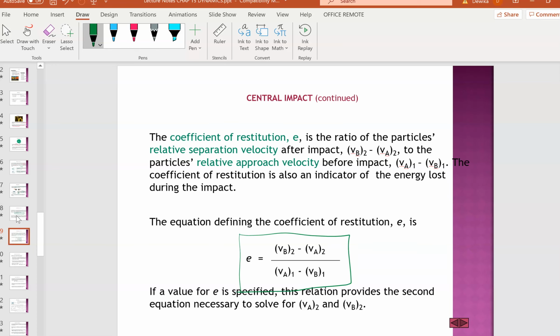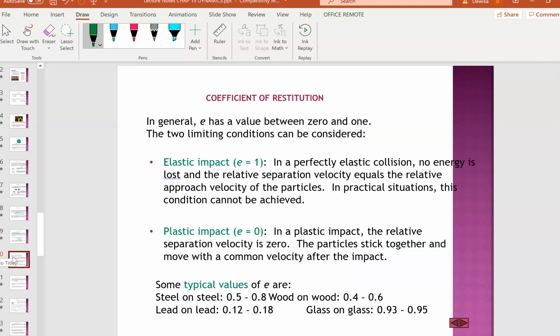Now, how to use this formula? What is the coefficient of restitution? It's called E, the ratio of the particles' relative separation velocity to relative approach velocity. If the E value is 1, then you have an elastic impact.